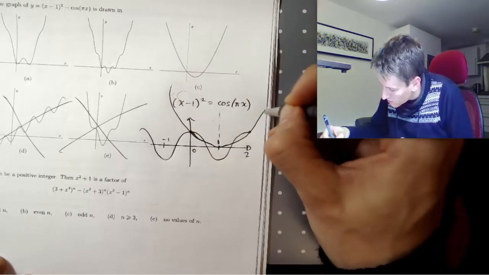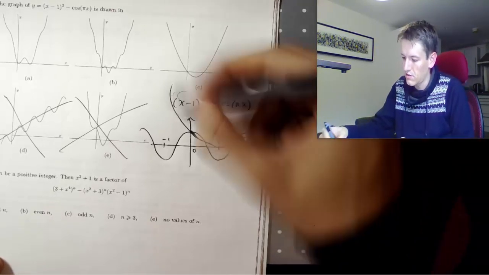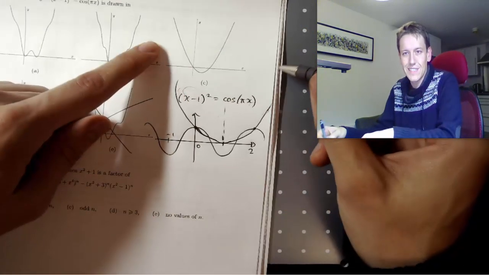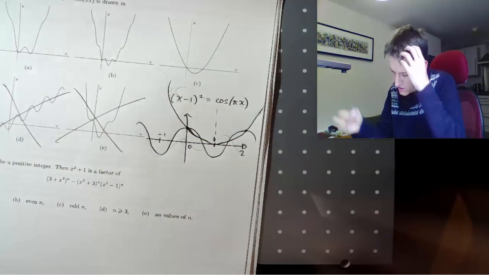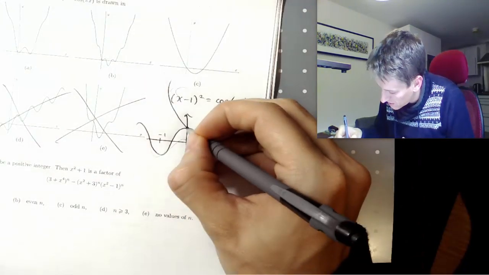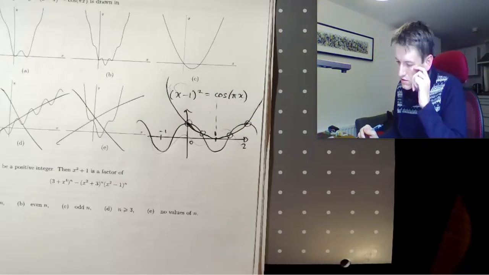So we can complete it like this, and clearly this graph is increasing in both directions forever, whereas this one is just oscillating. So these are the only intersections we get. So there must be 1, 2, 3, 4 roots of this equation.